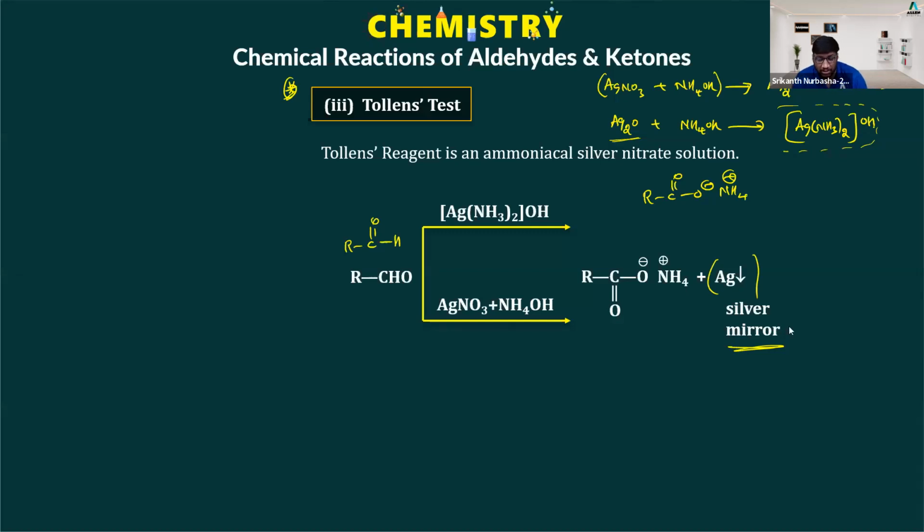Under all these three conditions, you convert the respective aldehydes to respective carboxylates. And if they mention acidic conditions also, like RCHO with Ag2O as the first reagent and H plus as the second reagent, first you get the carboxylate RCOO minus, and when acidified, you get RCOOH plus Ag, the silver mirror.